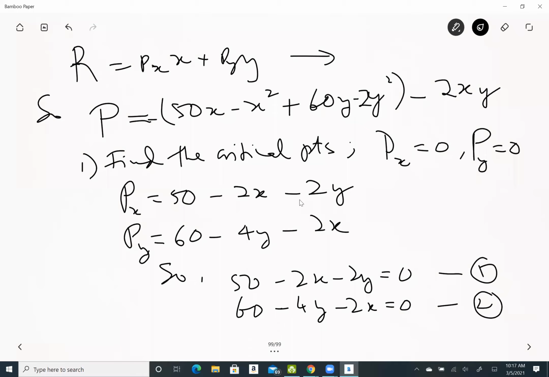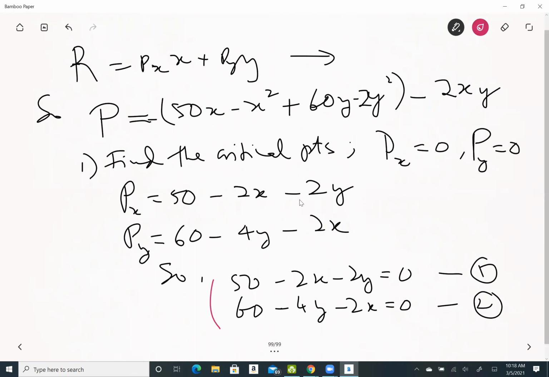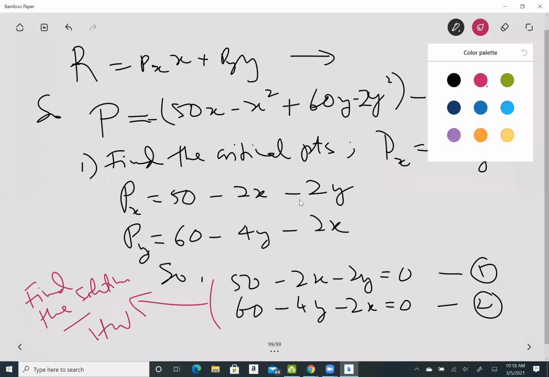So I want to give you a homework question for this one. You go home, use the system, find the solution. We know the solution already, but work it out, all right? That is homework.